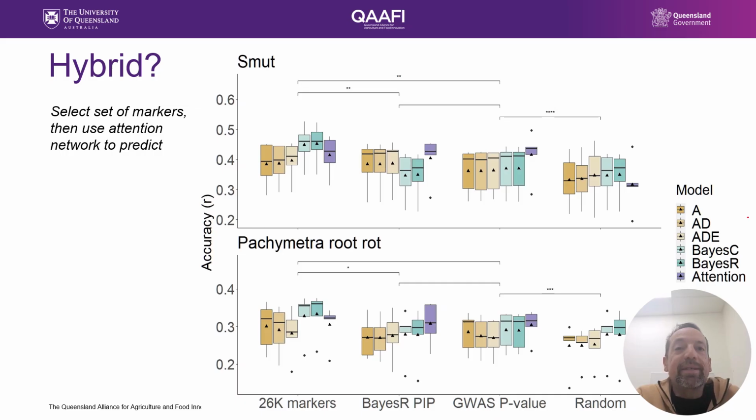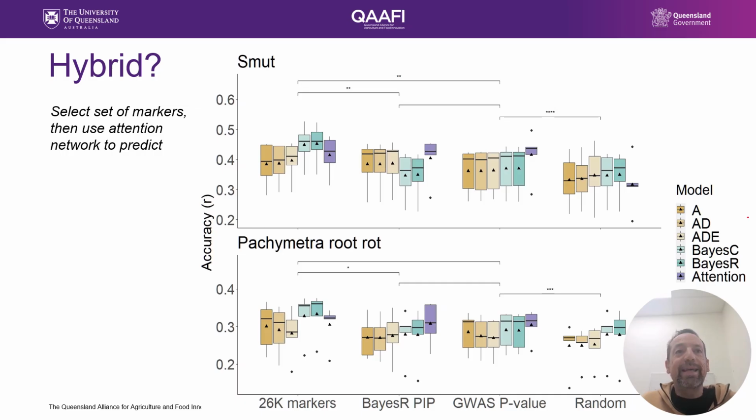So what he does is he has all 26,000 markers. He cuts them down to a subset that have a high probability of having an effect with Bayes-R, and then includes just those markers in the prediction, the attention network.